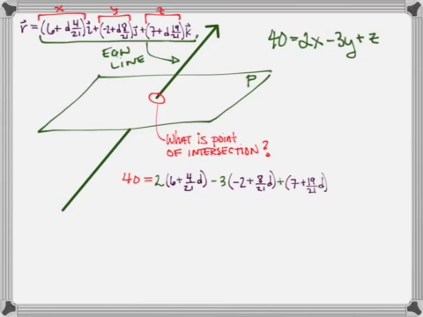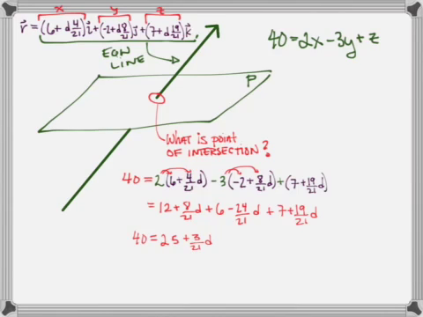Now again it's just going to be algebra as we sort through it. I distribute and simplify everything and I'm solving for d, so I get some fraction with d. I add everything up and I get 40 equals 25 plus 3/21 d, and d equals 105.